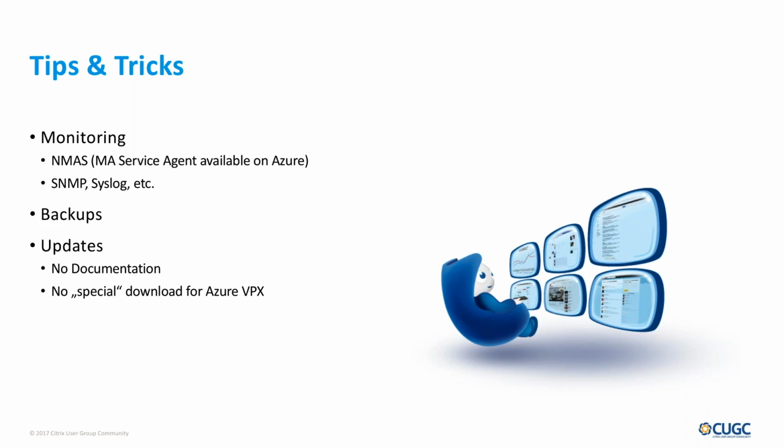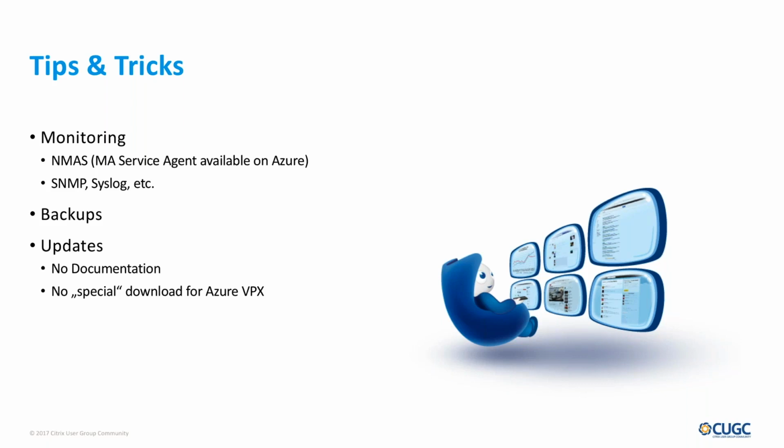Therefore, you need a management service server on your data center side, and the communication will be over HTTPS. Otherwise, you can use SNMP or syslog or protocols like these to monitor your NetScalers running in Azure or running on-prem, so that you get information about your status and about GSLB and whether your services are up and running.